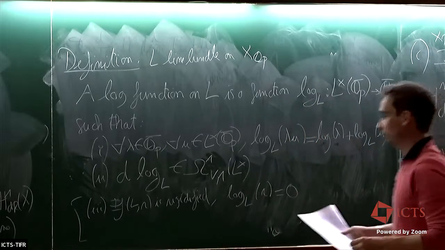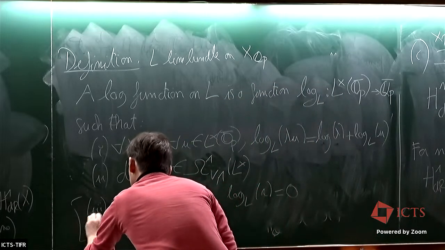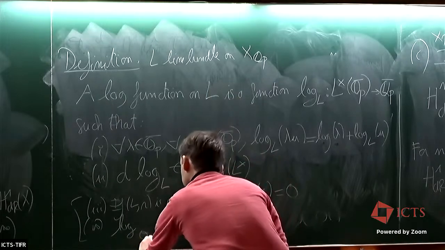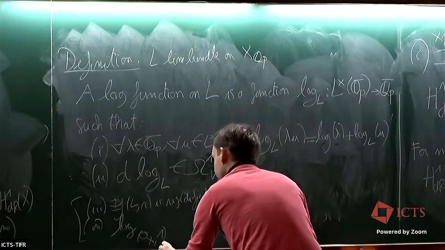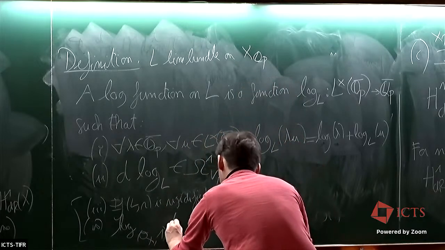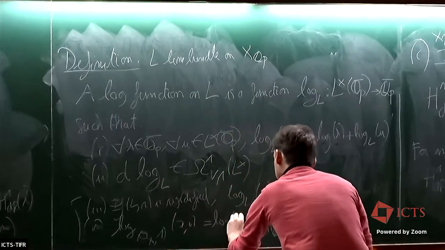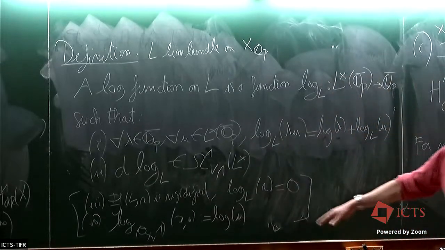Okay, and of course, the definition we want for the trivial bundle, so X, and the trivial rigidification, should be log of x, u equal to log of u. These are natural definitions we want to have.